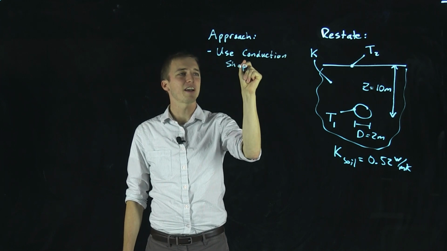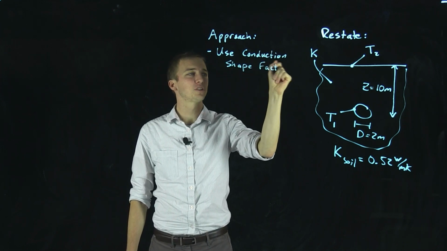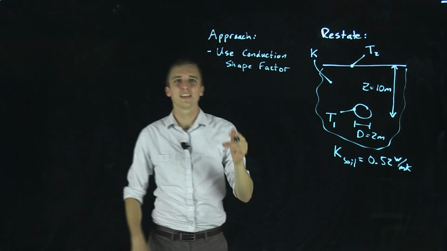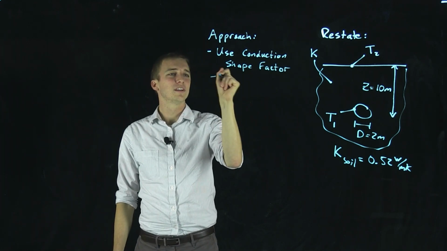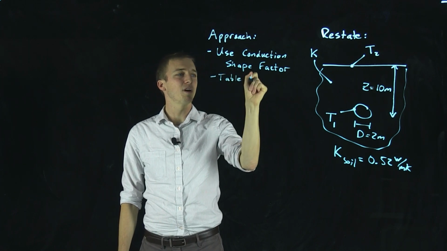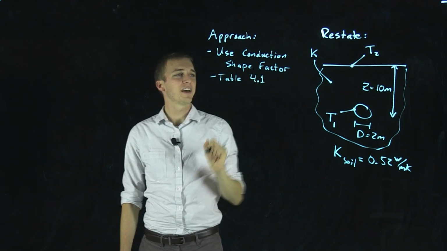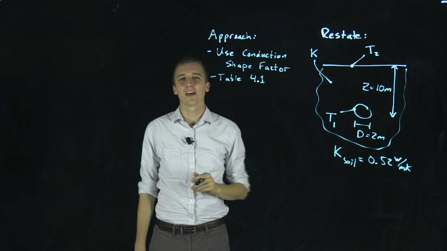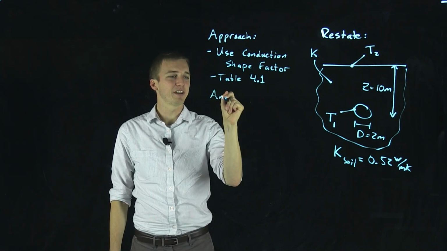Remembering that a shape factor is just a tabulated solution to the heat diffusion equation for specific scenarios. In this case, we go to table 4.1 in our book, and that's going to show us a lot of different scenarios we have. We find one that matches, we apply it. So, let's go ahead and do it.